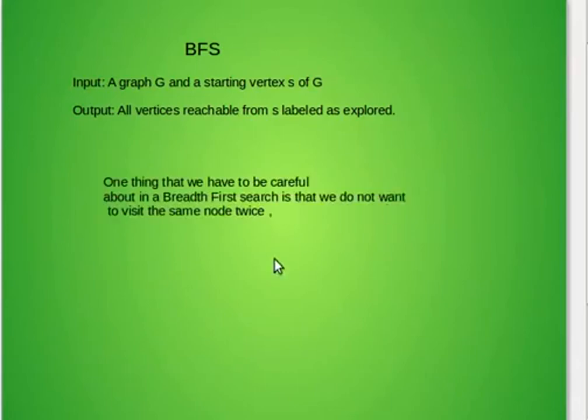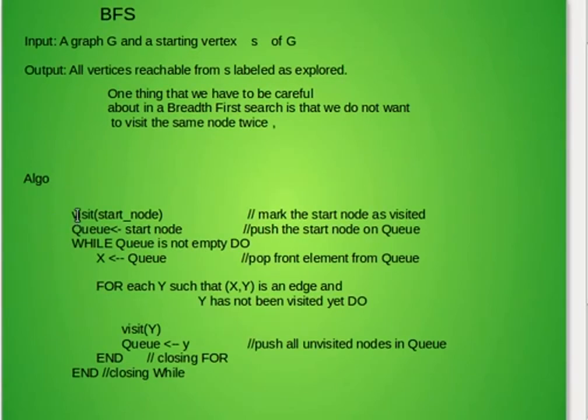So we do not want to visit the same vertex twice. We can easily achieve this by marking the vertex as visited once we have explored it. Actually, what BFS exactly does is it explores the edges of the graph to discover every vertex that is reachable from the source.